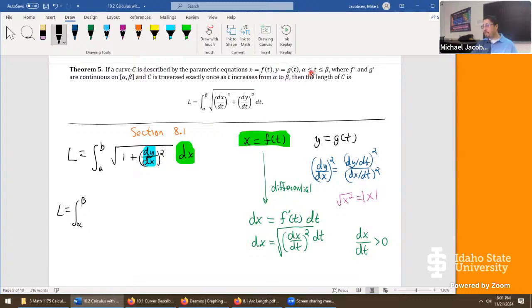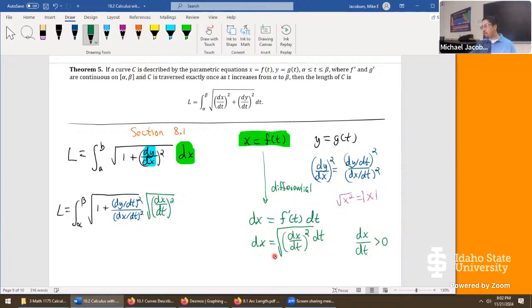So here's alpha, here's beta. We have square root of 1 plus (dy/dt) squared divided by (dx/dt) squared.